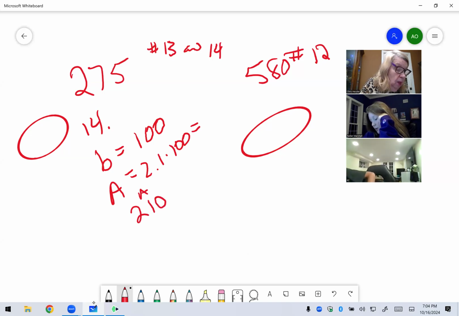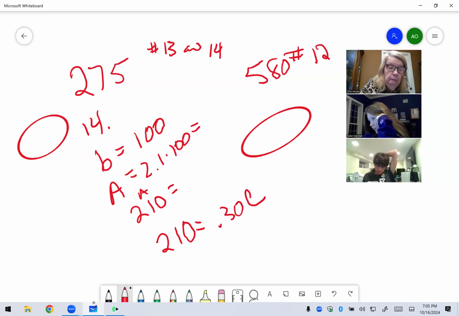That's A. And then I know 210 is, C is what percent of B? So 210 is 30% of C. Divide by 0.30. And so C, or the percent, it's going to be a lot. It's 700.